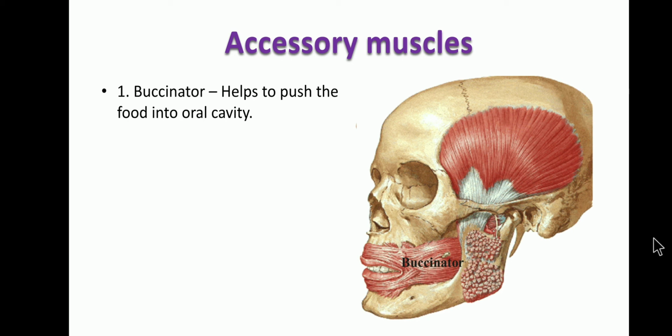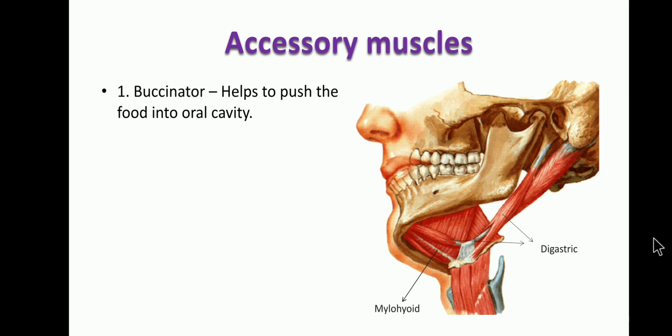Then other accessory muscles are the digastric muscles, anterior and posterior belly of the digastric, and the mylohyoid muscles. They also assist in depressing the mandible. These muscles, the mylohyoid and the anterior and posterior belly, are all suprahyoid muscles which are attached to the hyoid bone. The hyoid does not form any joint and is just held in its place by the position of the muscles.